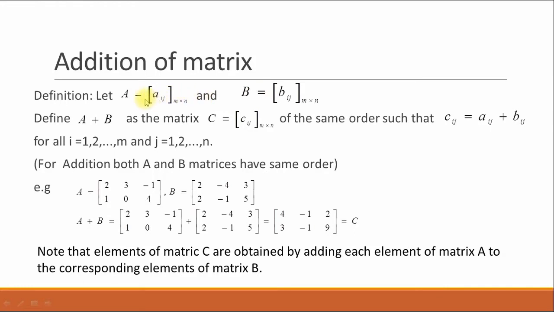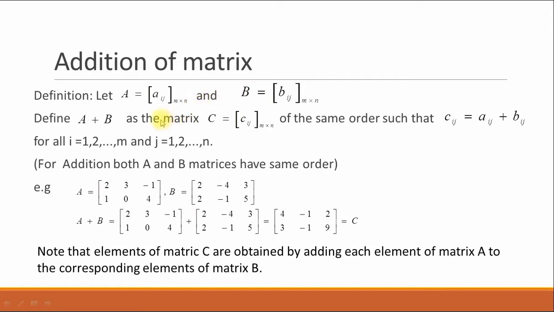For example, here these are two matrices, matrix A and matrix B. The order of matrix A is m by n and the order of matrix B is also m by n. Aij is the element of matrix A, Bij is the element of matrix B. So for the addition of two matrices, the order of matrices will be same.